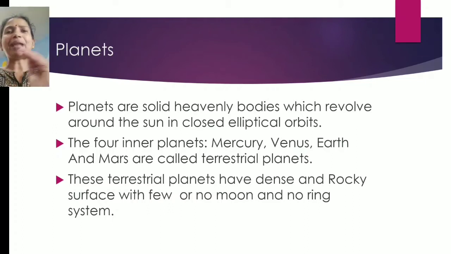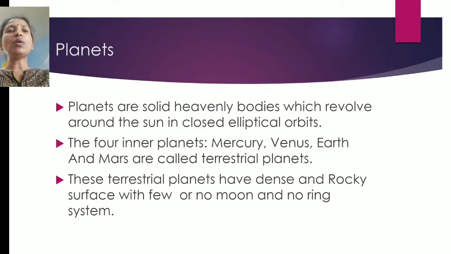The difference between planets and stars we have already discussed. The four inner planets, Mercury, Venus, Earth and Mars, are called terrestrial planets. These four inner planets are close to the sun, and they come one by one after the sun. They are called terrestrial planets because they are inner planets.